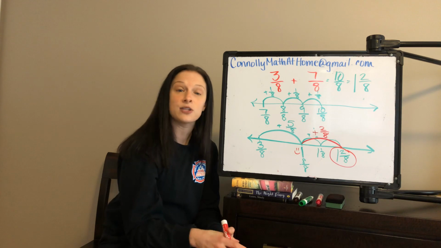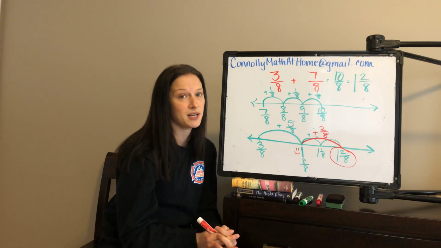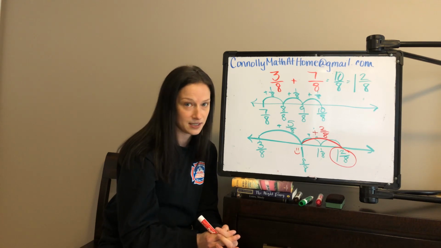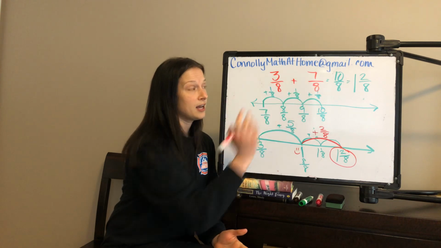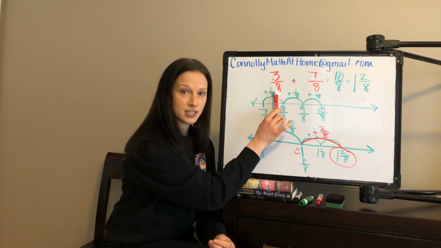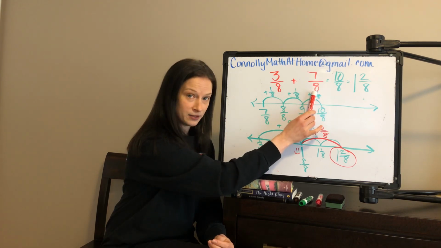Okay, so let's go over what you learned. We learned that we can combine these fractions because they have the same denominator. So we're dealing with the same size pieces. Once you were given an expression, we represented one of the fractions on the area model, and then we represented the other one.